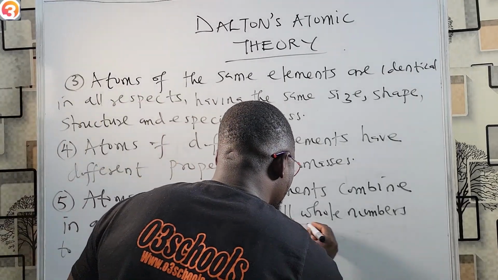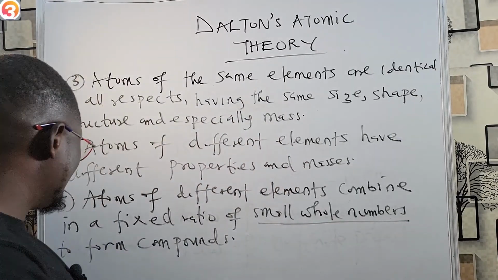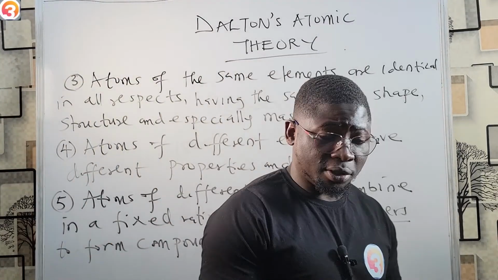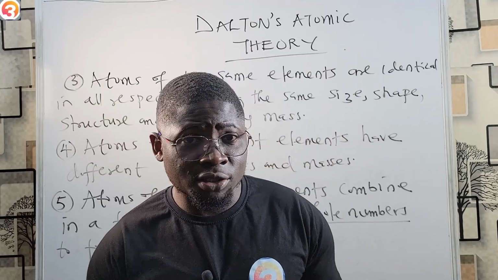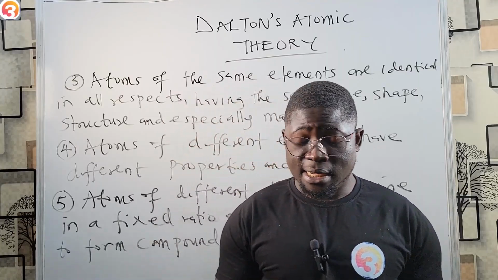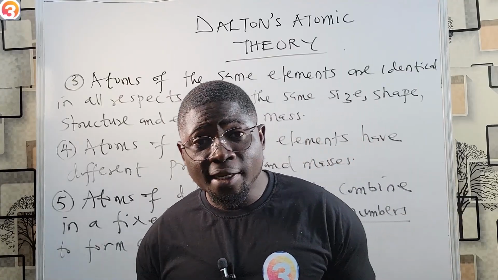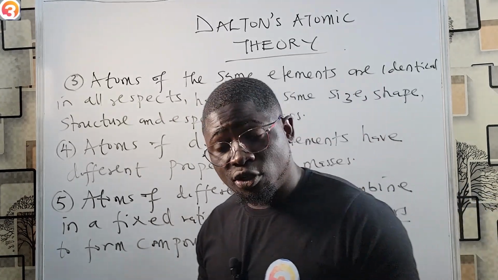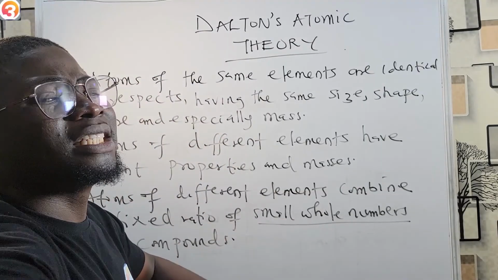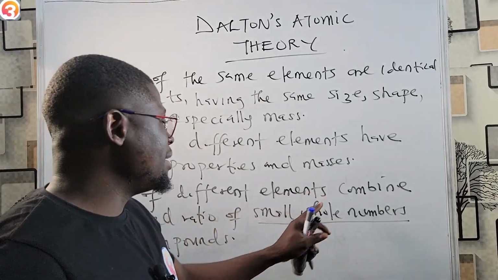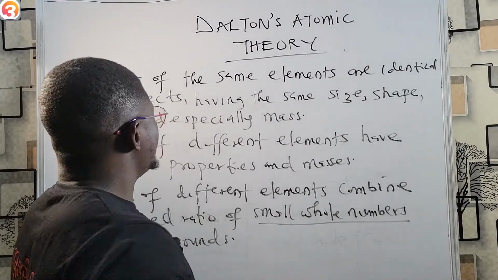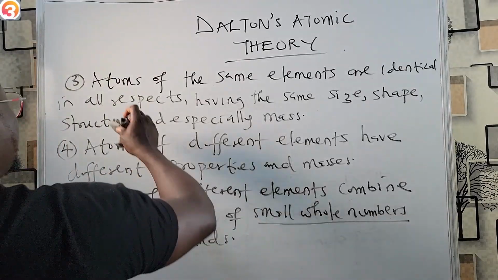I think this is the main point here, of small whole numbers to form what? Compounds. Such as two elements can combine together to form a compound, right? Hydrogen and oxygen combine in simple ratios to form water. Of course, sodium and chlorine can combine in simple ratios to form sodium chloride, NaCl. Right? So this was what he postulated. Atoms of different elements combine in a fixed ratio of small whole numbers to form compounds. So now let's look at the sixth postulate.